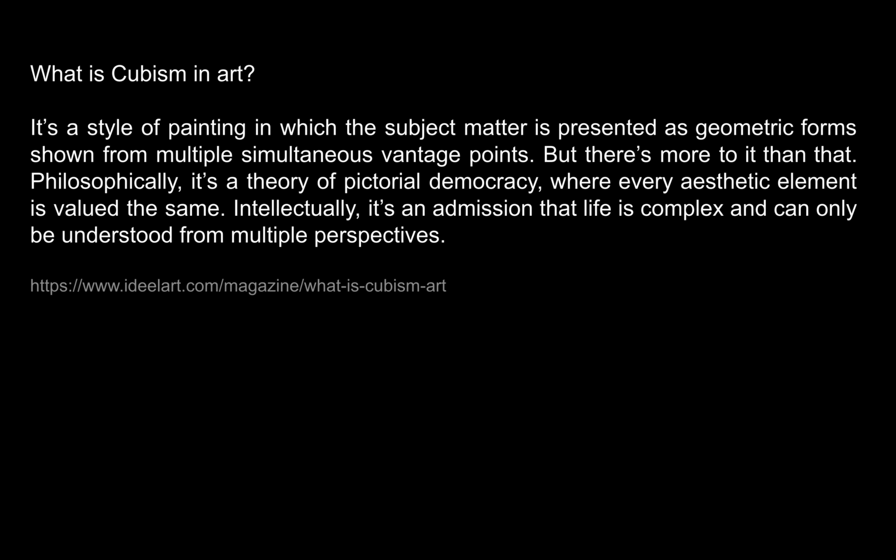Intellectually, it's an admission that life is complex and can only be understood from multiple perspectives. So there's that little bit of theoretical thinking behind it that stimulated painters, artisans of that time to move away from some of the traditional aspects of painting, from Renaissance through to Cubism or post-impressionism and impressionism, that sort of era.